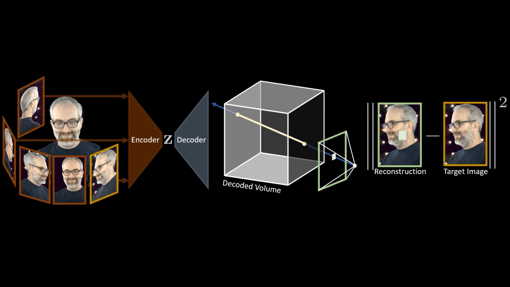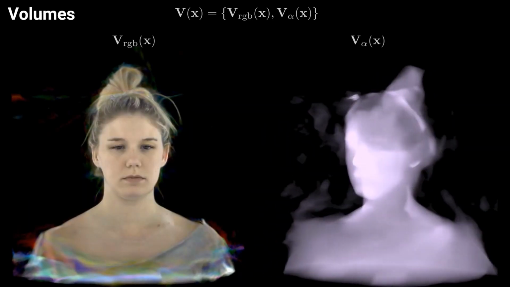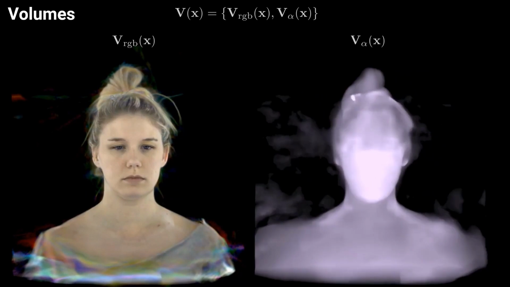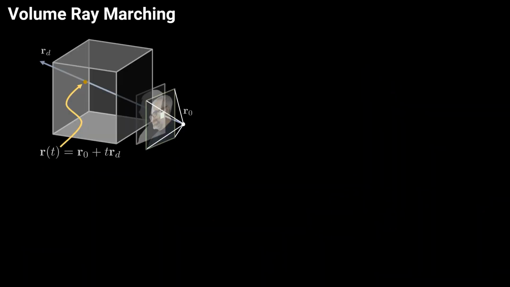So first, let's take a look at what the volume is and how the volume rendering works. We represent objects and scenes with a semi-transparent volume where each point in space has a color value and an opacity value. To render the volume, we use a volume ray marching procedure, starting from the camera center along the ray defined by each pixel.